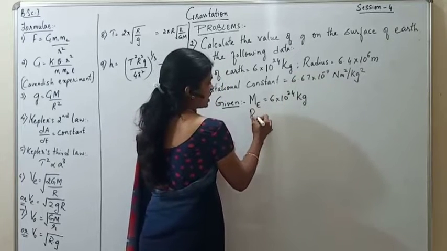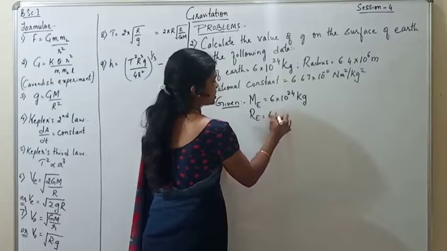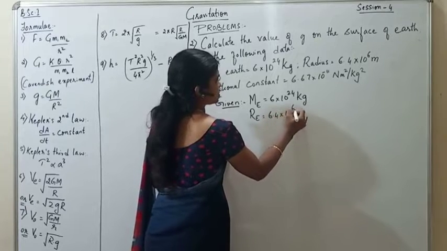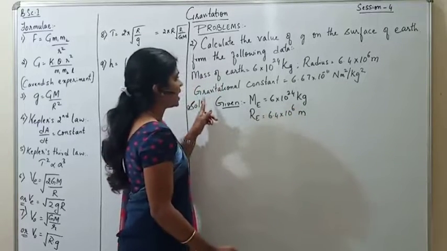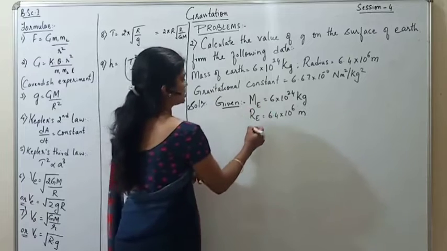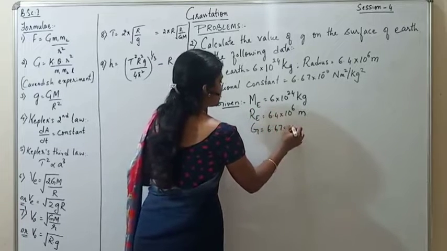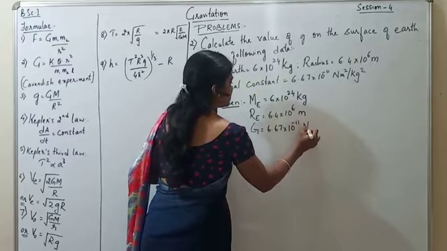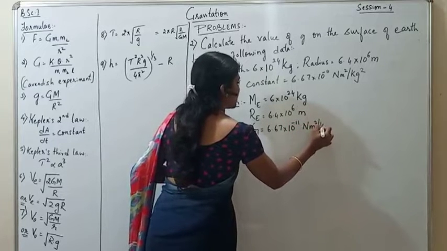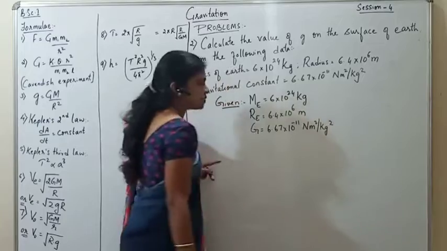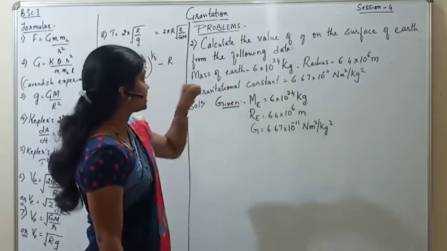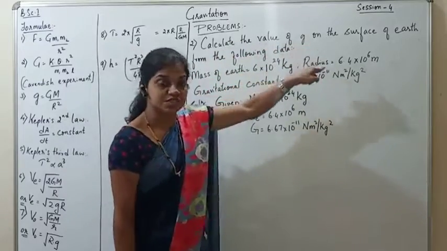Radius of the earth RE is equal to 6.4 into 10 raised to 6 meters, and gravitational constant G is given as 6.67 into 10 raised to minus 11 Newton meter square per kg square. And what is asked? Calculate the value of g.